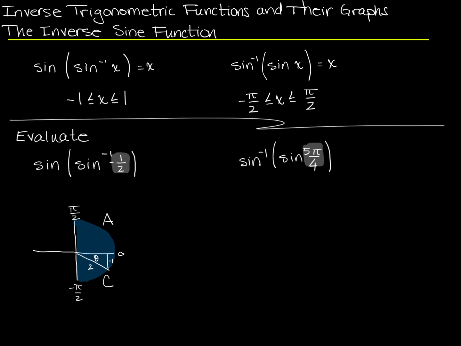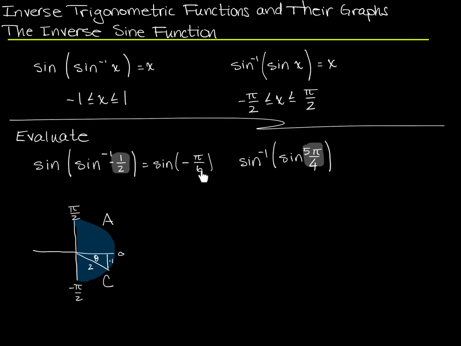And that angle, if we think about just the reference angle, the sine of an angle is a half when the angle is π/6. So I can rewrite this as the sine of the angle whose sine is -1/2. And that's π/6, that's my reference angle, but because I'm in quadrant 4, my angle has to have been negative. Okay, what I've done is evaluate this inside piece. For this, I get -π/6.